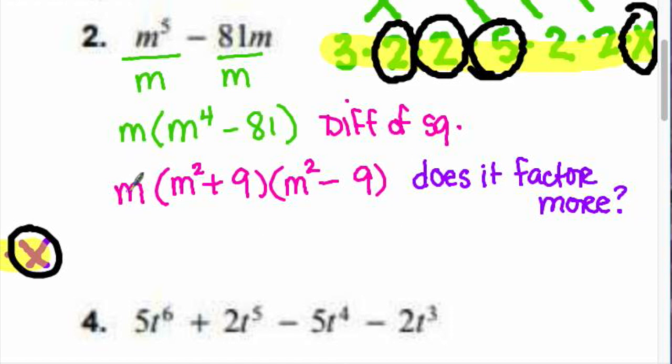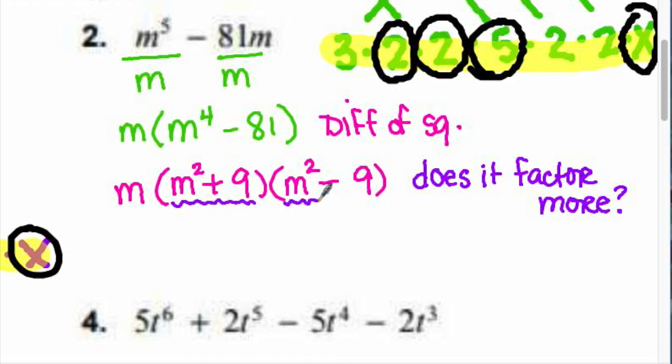We can't break m down any further. And then we have this little binomial, m squared plus 9. It's another binomial. So we have to look to see, is that binomial a sum of cubes, a difference of cubes, or a difference of squares? Well, it's a sum. So the only option we have is sum of cubes. m squared is not a perfect cube. So this will not factor down any further.